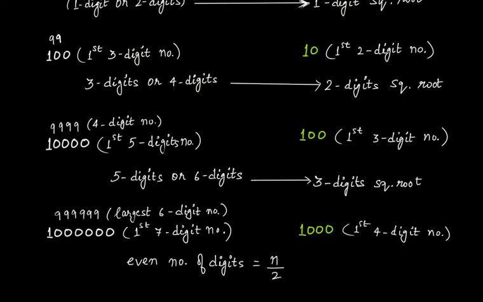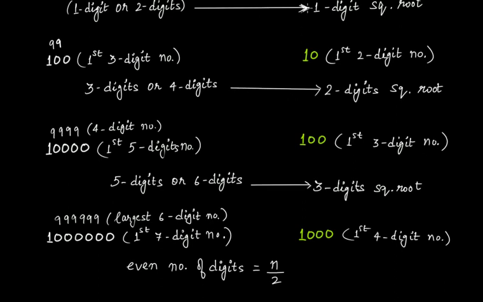Can you see here? Here you have 2 digits, so you have 1 digit square root. So if your n is 2, then 2 by 2 gives you 1. When you have 4 digits, your square root has actually 2 digits only, so 4 divided by 2, that is 2. If the square number has 6 digits, its square root will have 6 by 2, that is 3 digits. So this is for the even number of digits, that is n by 2.